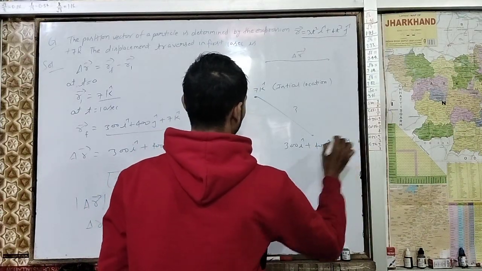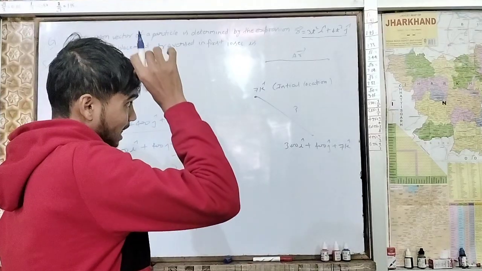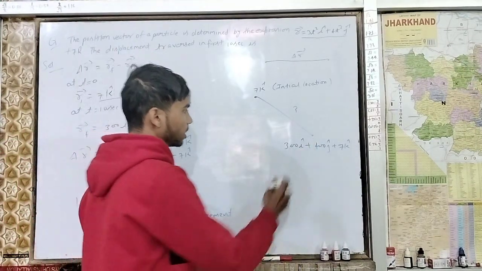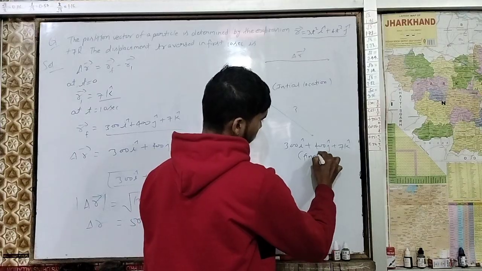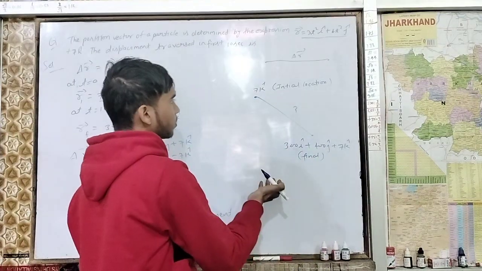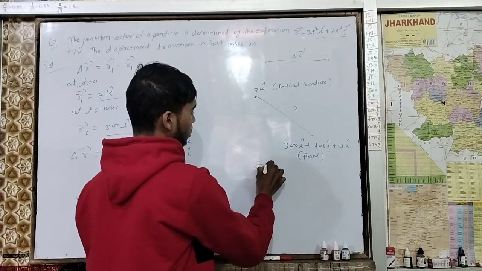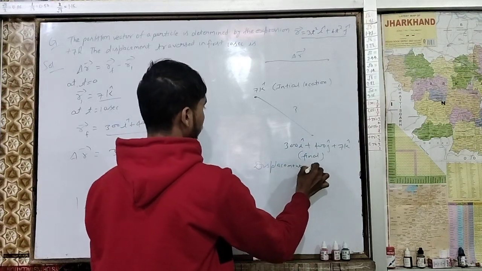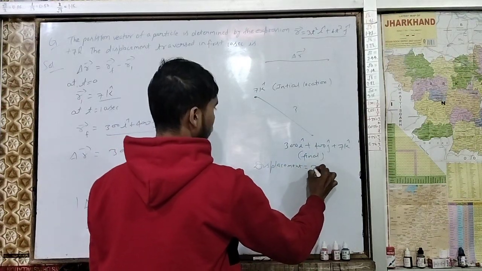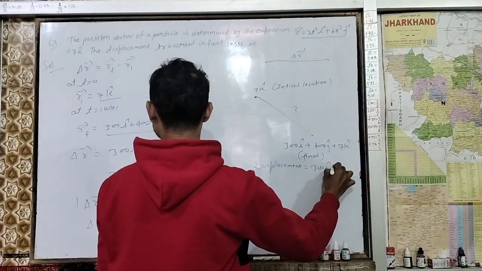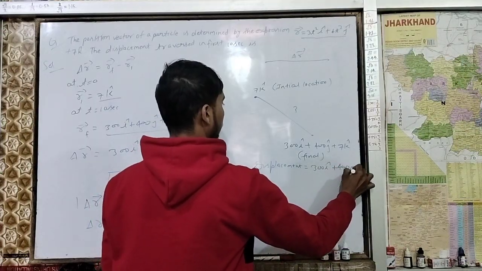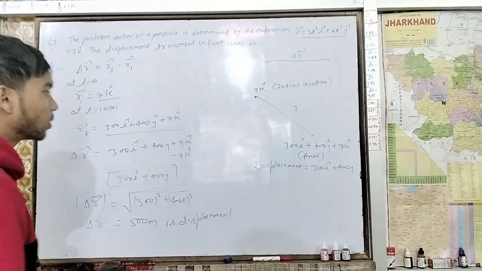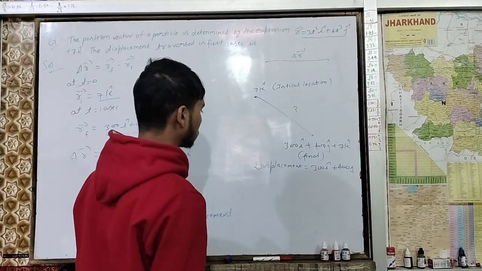Yes, but displacement will come like this. This is final. So final minus initial, we will get displacement, which came as 300 i cap plus 400 j cap. But the problem over here is that it is in direction. We wanted only magnitude.